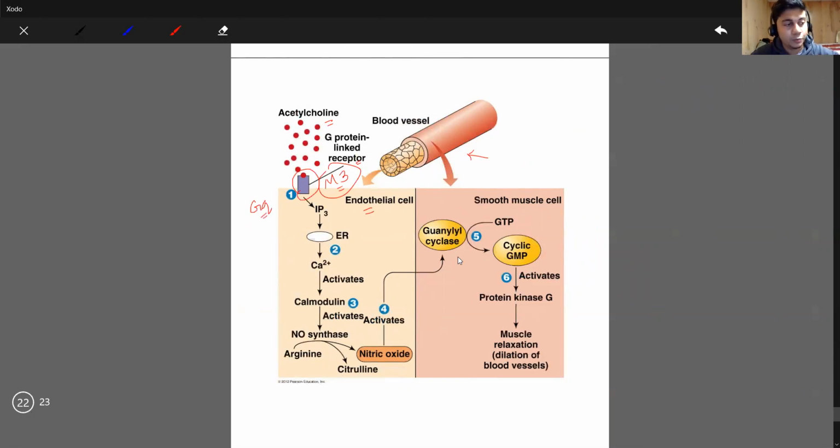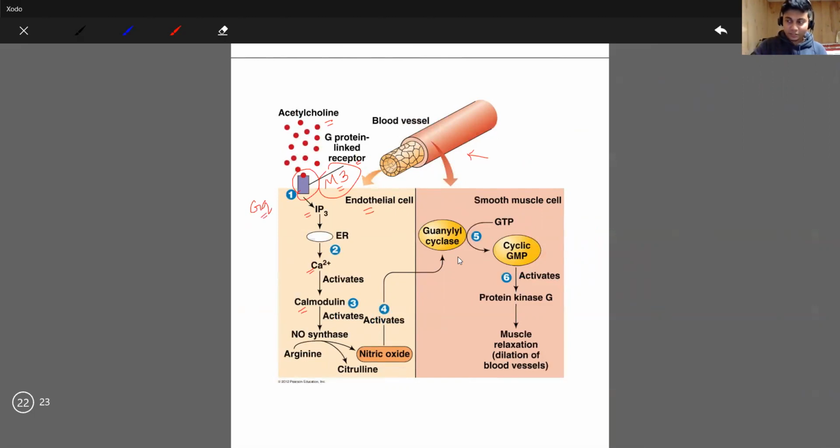When it binds with its ligand, there will be IP3 activity, and this will stimulate the release of calcium that binds with calmodulin, the calcium modulating protein.